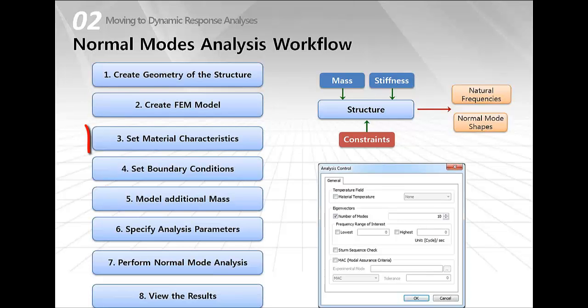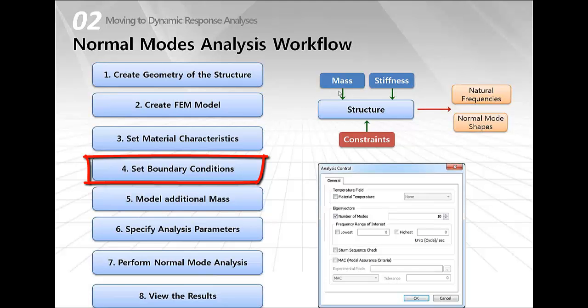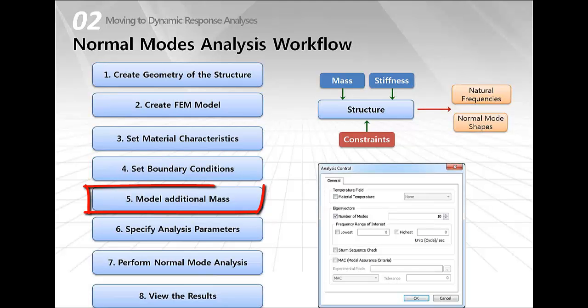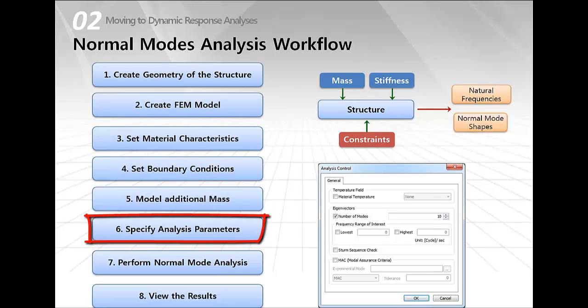In step 3, we have to set up the material characteristics, using direct input for the structural properties or data from a database, and of course you have to specify the density to provide the mass to the system. The next step is the setup of the boundary conditions. We can also add additional mass if required. We can specify the number of modes to be calculated.